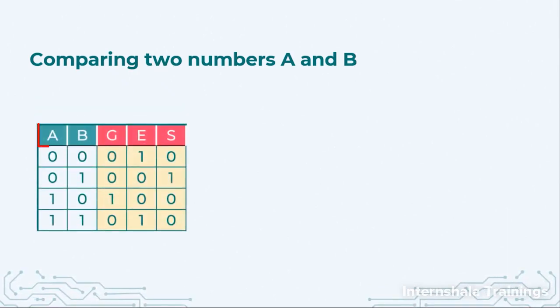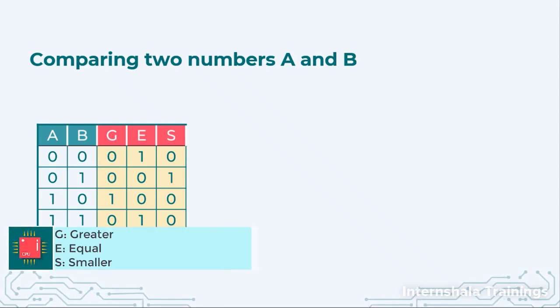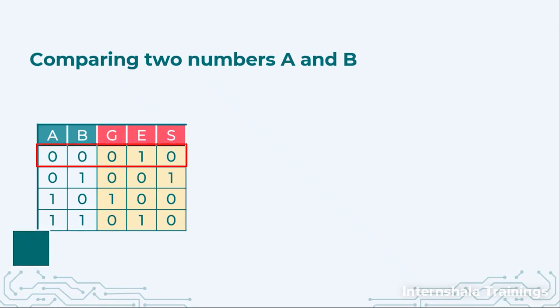So let us look at the comparison. I have two numbers A and B. So therefore I have four cases: 0 0, 0 1, 1 0, 1 1. When A and B both are 0, they are equal to each other. So there are three possible outputs: G for greater, E for equal, S for smaller. So here G is 0 and S is 0 and E is 1 because they are equal.